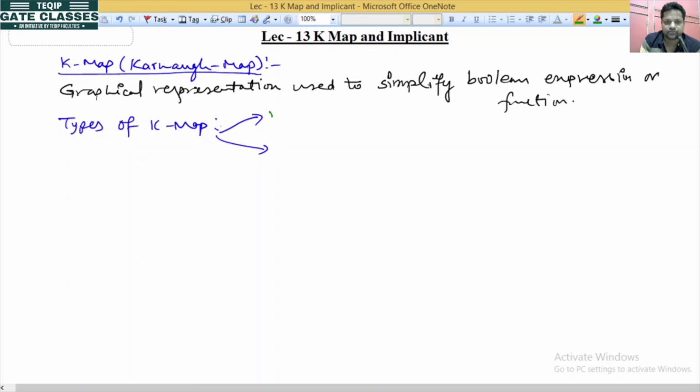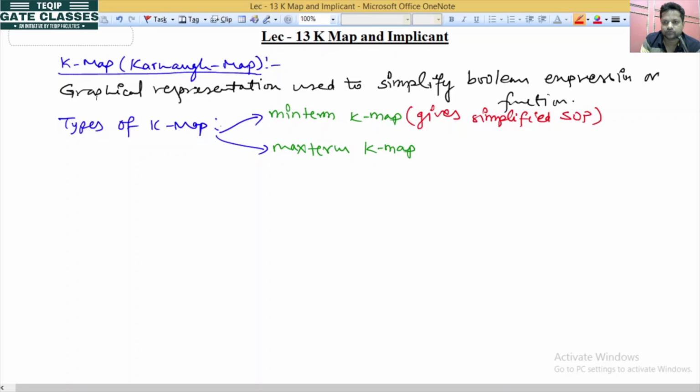The first one is minterm K-map and the second one is maxterm K-map. The minterm K-map gives a simplified SOP, sum of products, because the expression will be a sum of minterms. The maxterm K-map gives a simplified POS, product of sums. Why? Because the expression will be in product of maxterms.